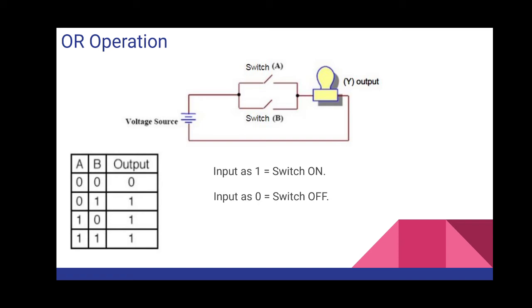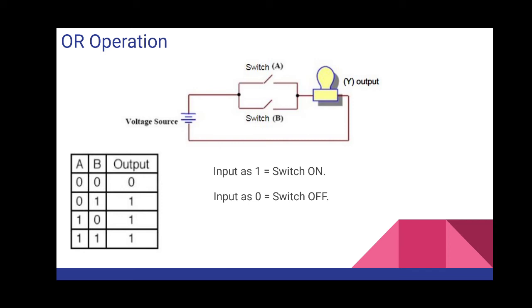Why? Because at least one input is high, that is 1. Hence the bulb could glow. So if the bulb is glowing, that indicates that our output is 1. Right? Third condition. When switch A is on and switch B is off. So what do you think? Will the bulb glow? Yes, obviously the bulb will glow. Why? Because it is satisfying the condition that any one input has to be 1.